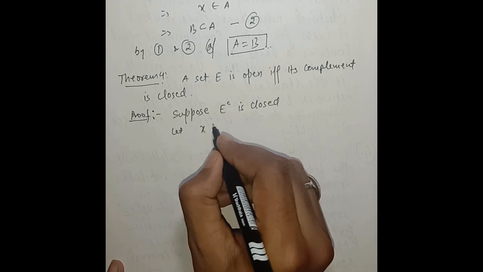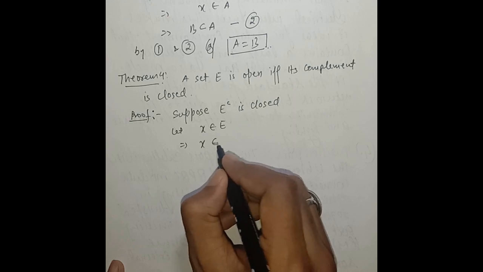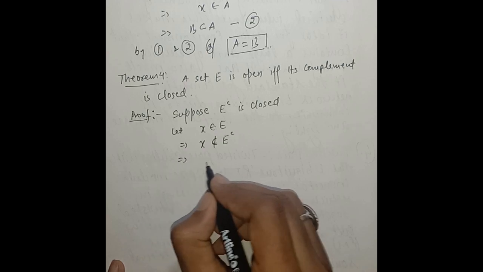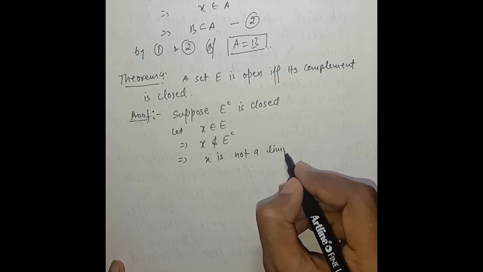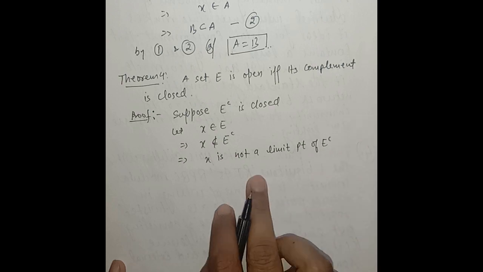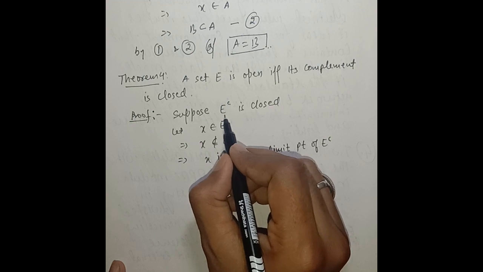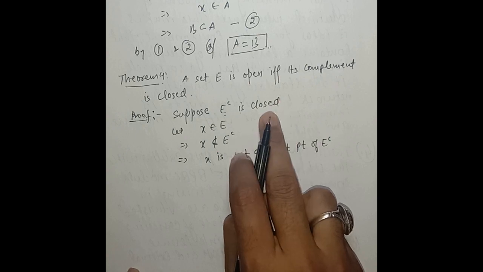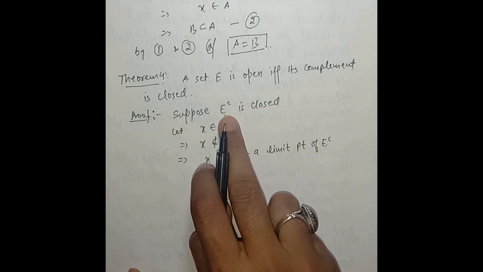Let x belong to the set E. This implies x is not in the complement of E. This implies x is not a limit point of the complement of E, since the complement of E is closed, that means it contains all its limit points. No limit point exists outside of this set.